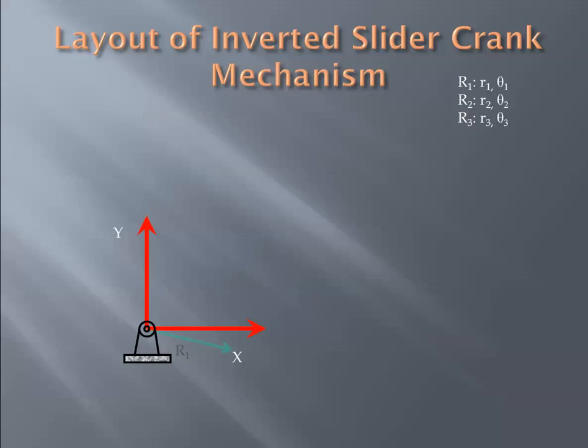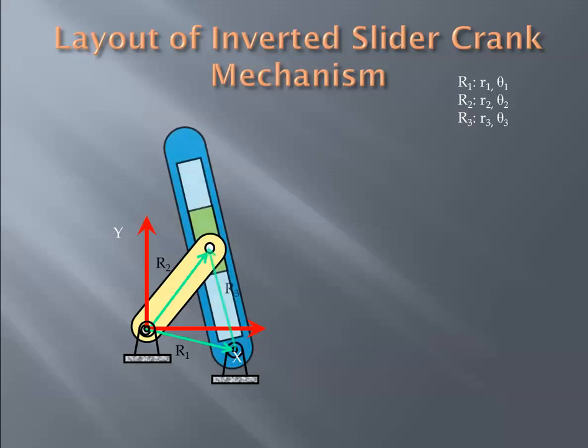Then I can lay out vector R1, and then at the tip of vector R1, I can locate the second fixed pivot. I can lay out vector R2, and along with it, I can lay out the crank. Then I can lay out vector R3, and along with it, I can lay out the output link.